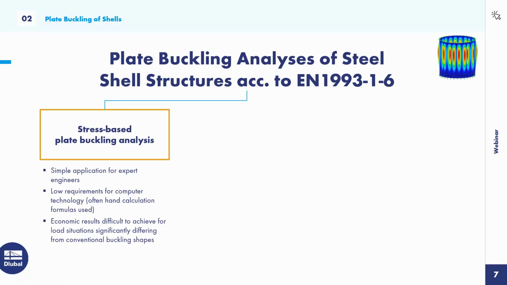It's a simple application for expert engineers. There are low requirements for computer technology. Often the calculation is done by hand formulas, but economic results are difficult to achieve for load situations significantly differing from conventional buckling shapes.